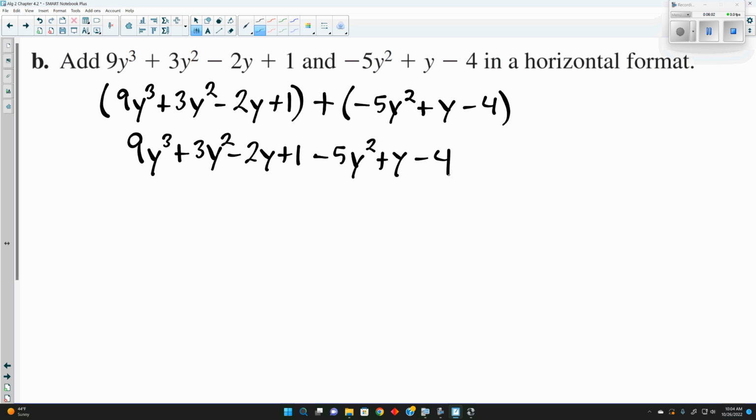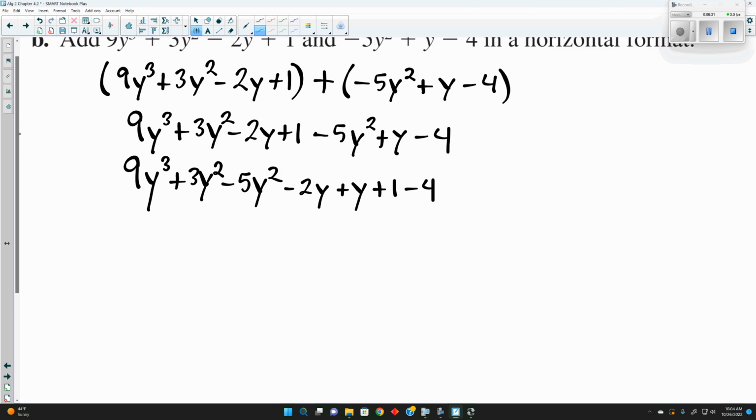Now we can put our like terms together, so we have 9y cubed. Well, the other expression, there are no other y to the third terms, so we can leave it by itself. Then we have plus 3y squared. Well, I'll move the negative 5y squared next to it, so they're like terms next to each other. We had minus 2y. Well, its like term is going to be plus y. And then we have plus 1 and minus 4.